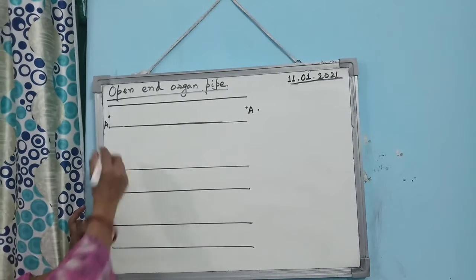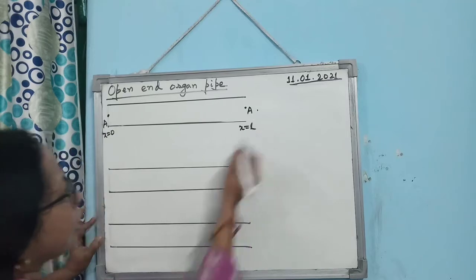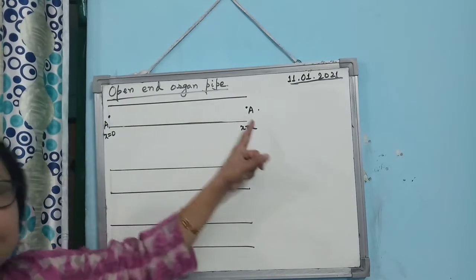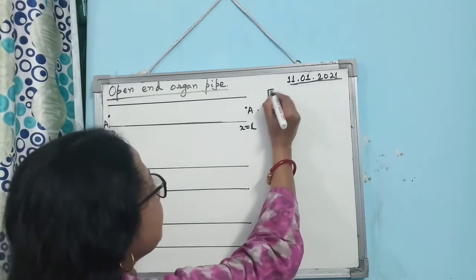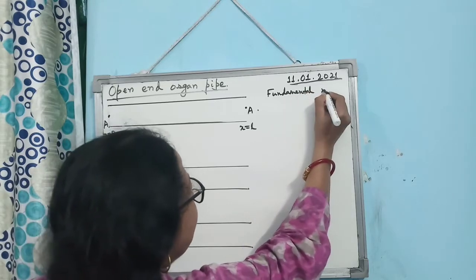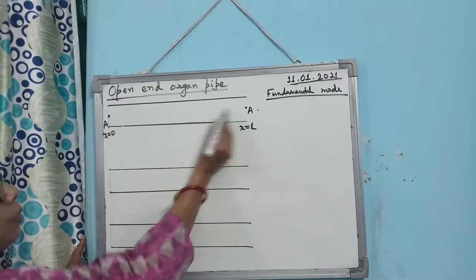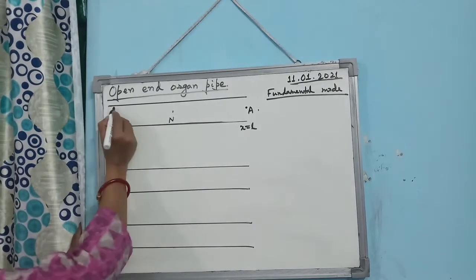You always have to remember that. So what will be the simplest mode of vibration, or fundamental mode? Between two antinodes we have one node. That is the simplest mode.